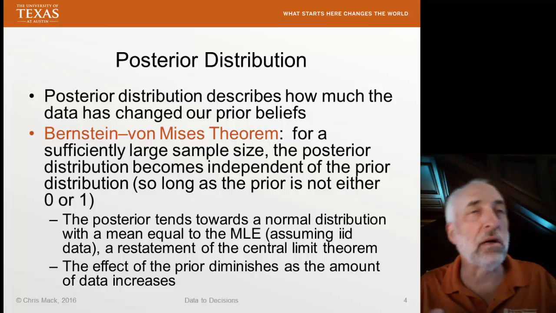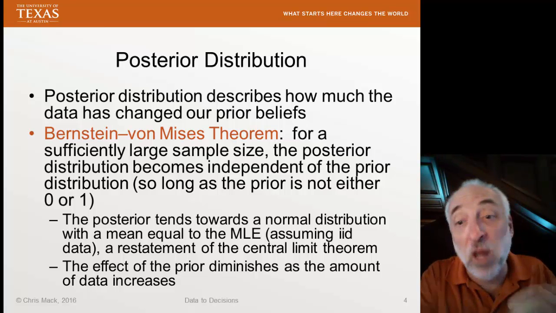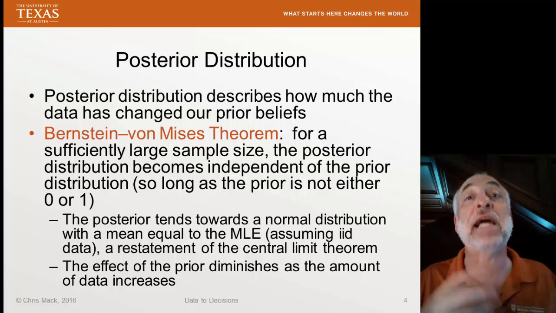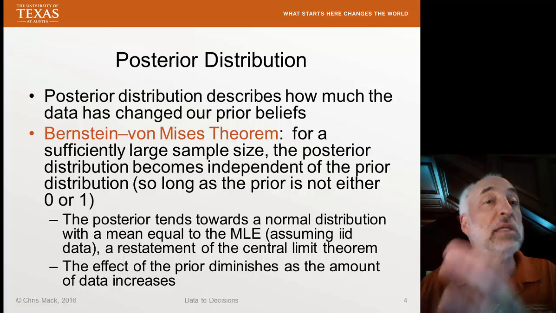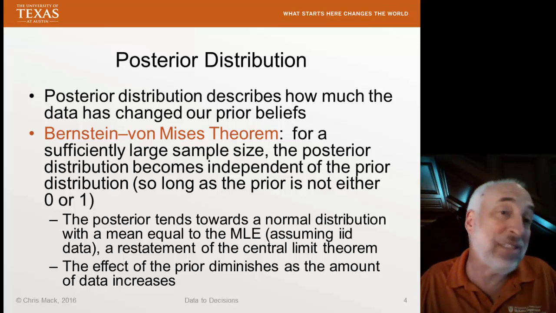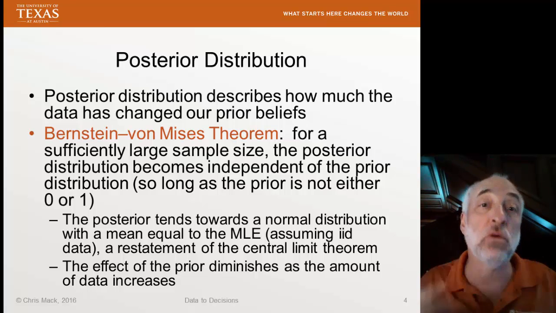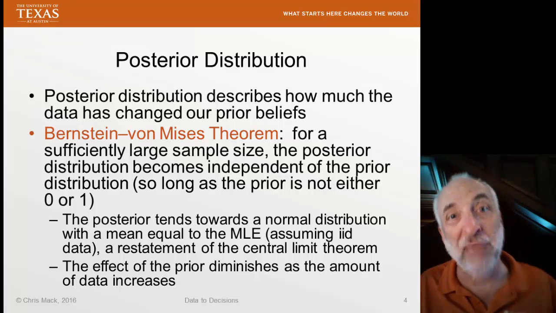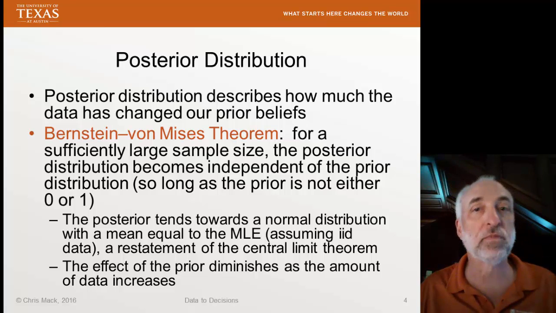The effect of the prior is large when I have a small amount of data, but the more data I collect, the impact of the prior gets less and less and less. That makes sense intuitively, but it's also an outcome of the mathematics of Bayes' theorem as well.